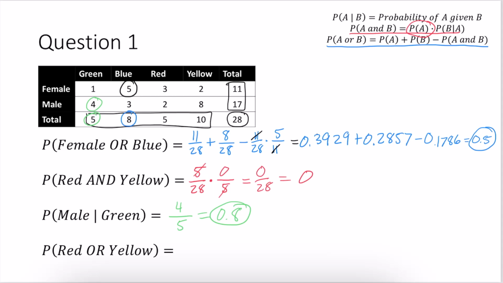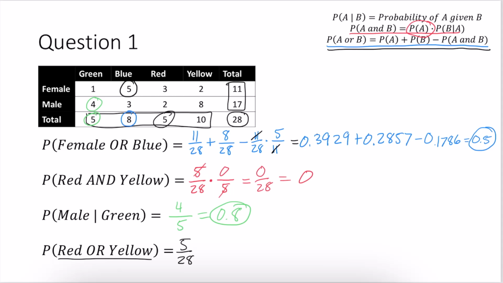And then this last question kind of goes back to the second question and that issue that we were looking at there. Because in this case, we're looking at the probability of choosing a student whose favorite color is red or yellow. And so the way you would think about this one, again, we're going to be using this OR formula, but we would say the probability of choosing a student whose favorite color is red is 5 out of 28, because there's 5 students whose favorite color is red out of the 28.